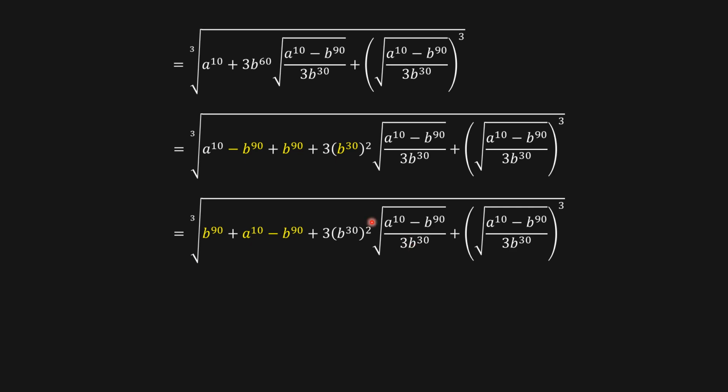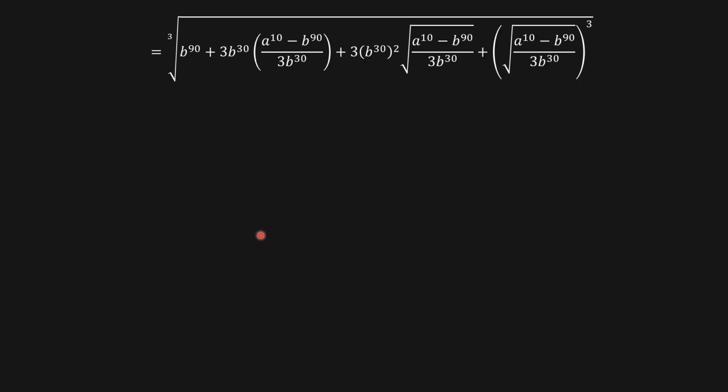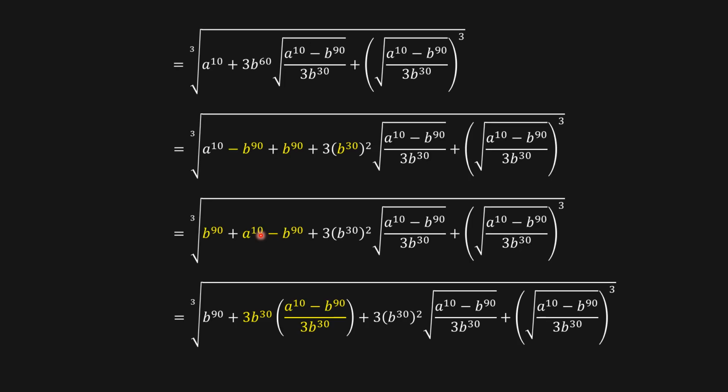And now I'm gonna turn this one to be something like this, right? So I'm gonna multiply this expression here by 3b to the 30 divided by 3b to the 30. If I simplify these two, I'm gonna have this one only. Okay, cool.